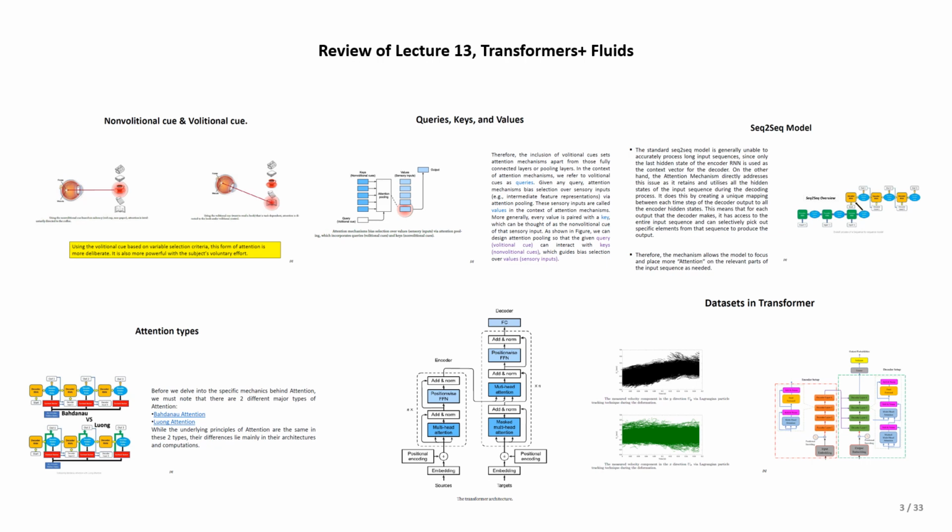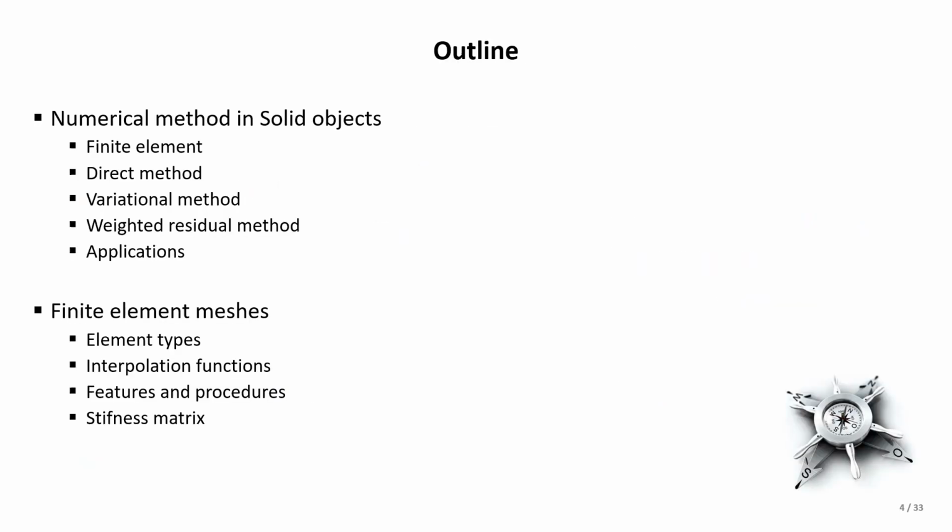Now let's carry on with lecture 14. In the outline of this lecture, we will talk about the numerical method for solid objects, what they look like and what steps we need to take for these solution methods.